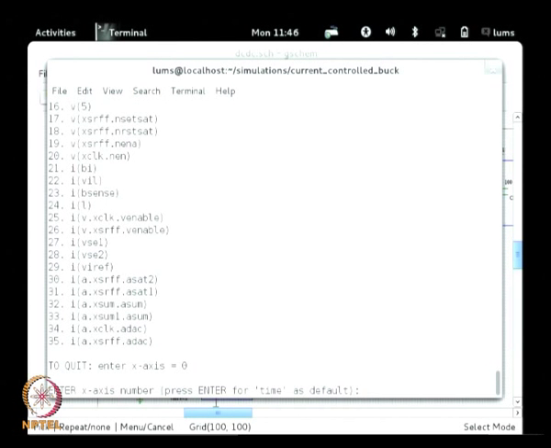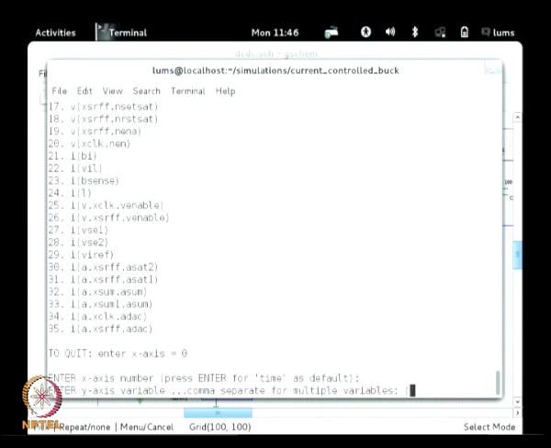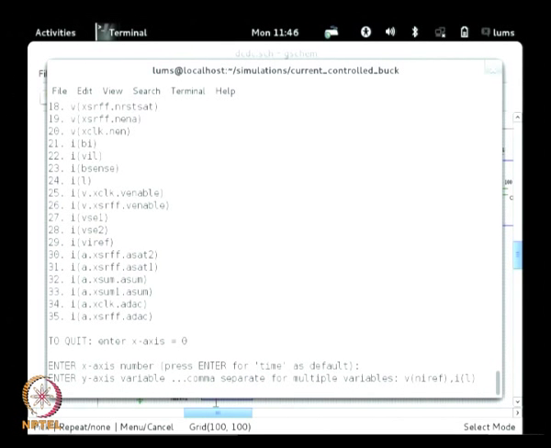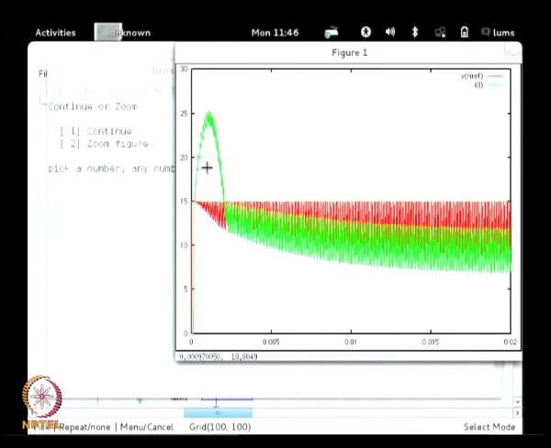So, let us look at two important waveforms, the current reference and the inductor current itself. So, you see a waveform like this. Let me come to this portion later. Let us look at the steady state portion. You see that somewhere here we have the steady state. Let me zoom that.